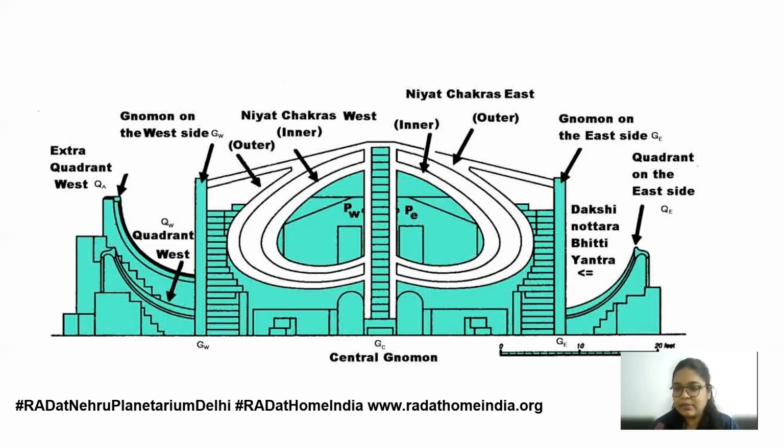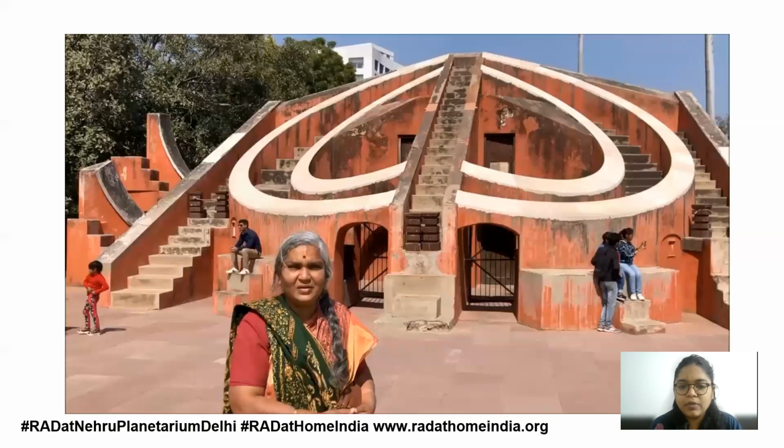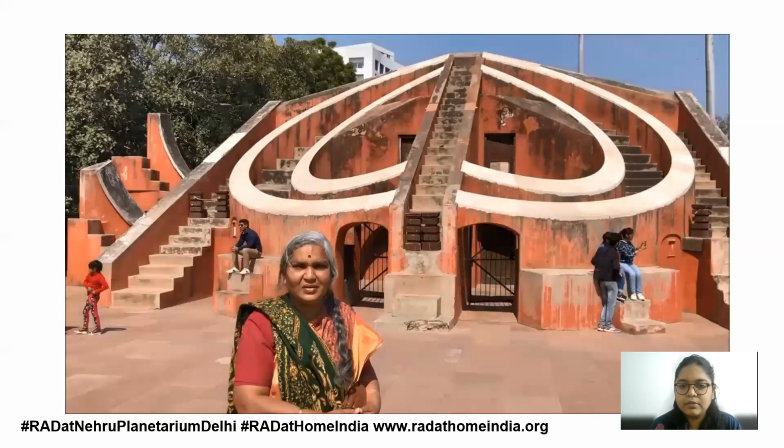These are actually the dials, and all these staircases are there so that we can walk in and take the readings, because the markings are there all over the place in this palm leaf shaped figure. The markings are there on the dials, so the markings are there everywhere, and these instruments are made such that you can walk and take the readings. So I have a small recording of hers.